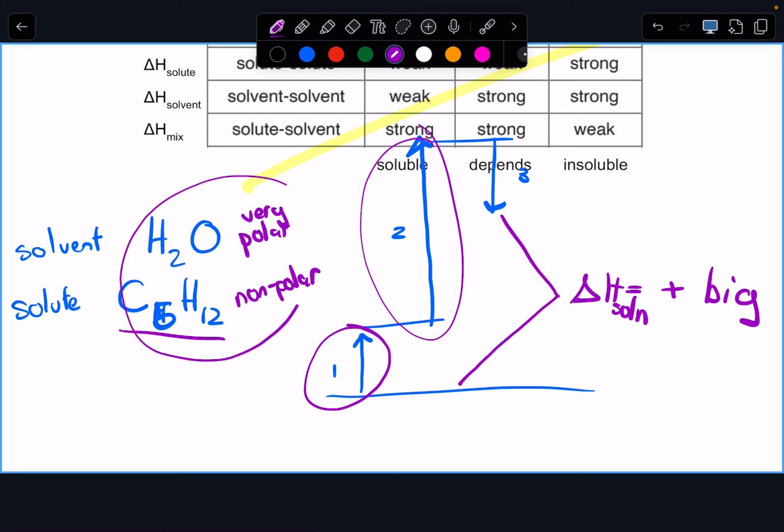So these guys can only really form dispersion forces. So the amount of energy that they release is really minimal. And so it's just not enough to compensate for all that energy that it took to break apart. So you get this big endothermic gap. So lots of energy to overcome. And so that's just not likely to happen.